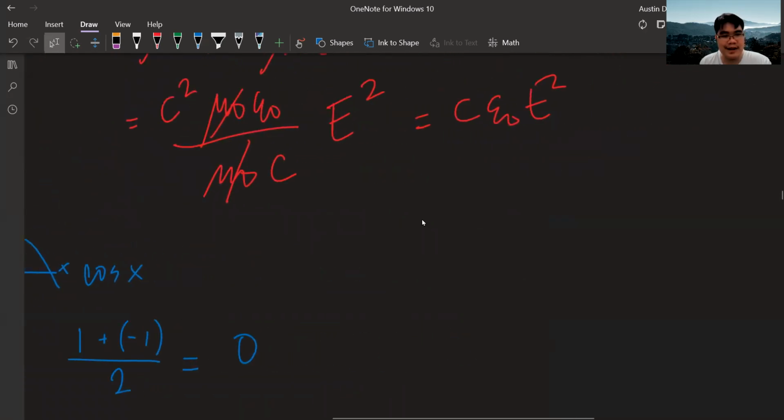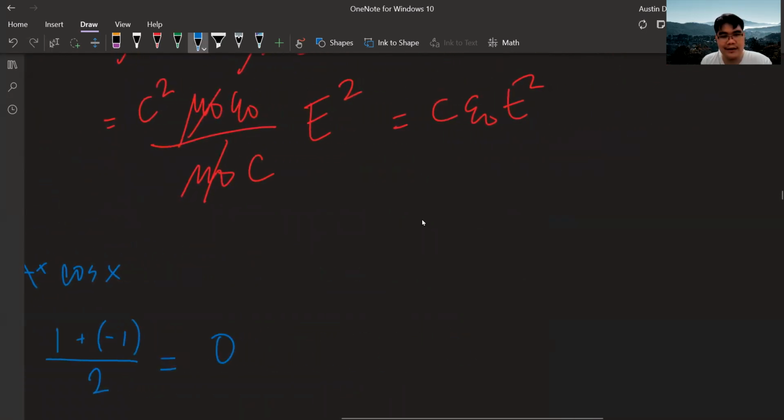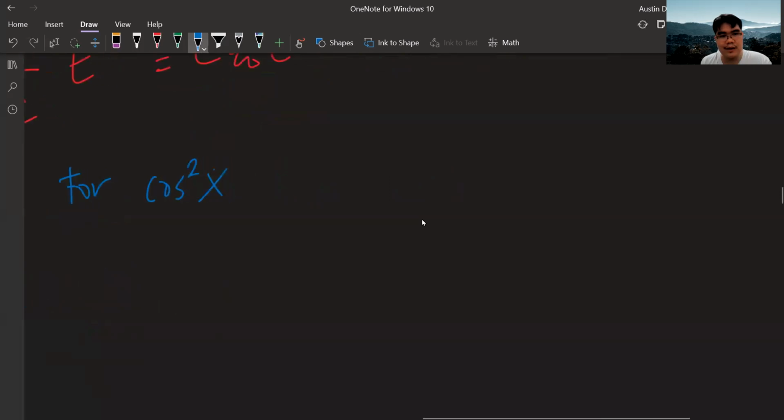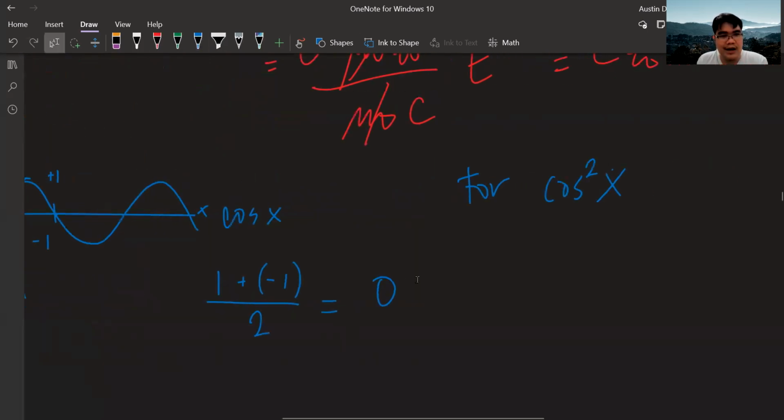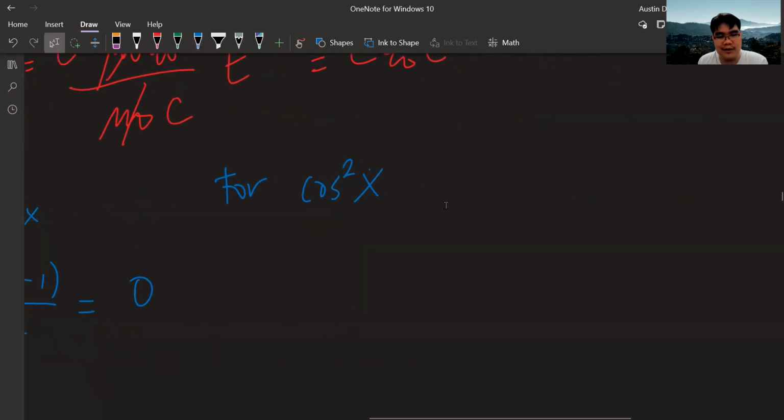However, things change when you have cosine squared. For cosine squared, what would be the range of values? I-square mo lang yung values nito. Anong square ng negative 1? 1. Square ng 1, 1. So, ano yung minimum value niya? May 0 siya dito. Therefore, yung range of values ng cosine squared would be 0 to 1.